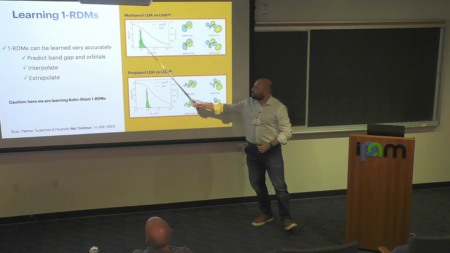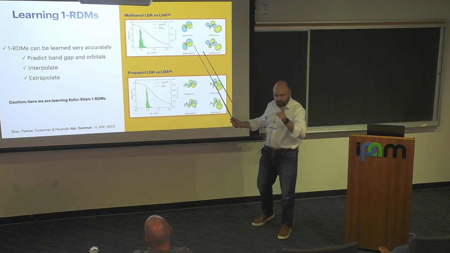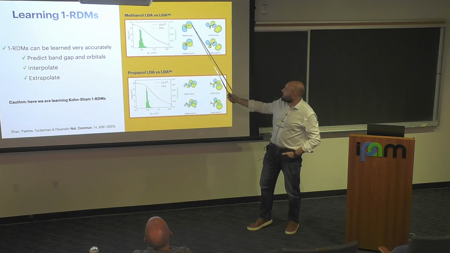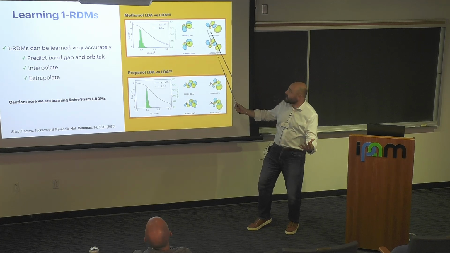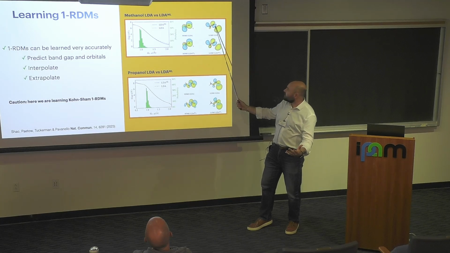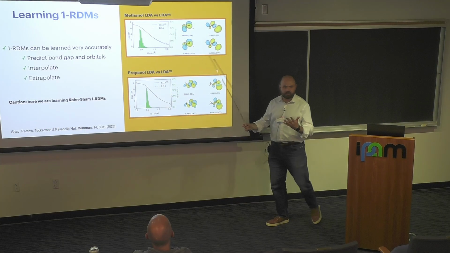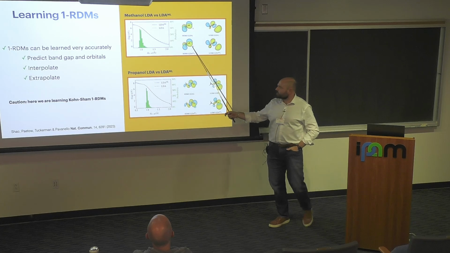So you have your training set there, and then we'll get to how we build this training set. You can see that what we have from the actual method here and here is very similar to what we get from the predicted 1 RDMs here and here. To get these orbitals, we take the RDMs, we build the Hamiltonian, we diagonalize it, we get the orbitals. Okay? It's like a proxy to how good this RDM is.